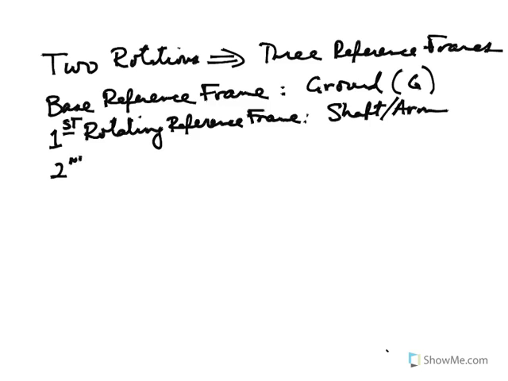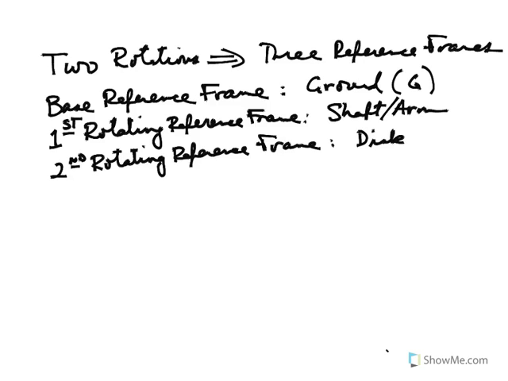And then the second rotating reference frame is the disk. I'm going to denote the shaft by S, and I'm going to denote the disk by D.